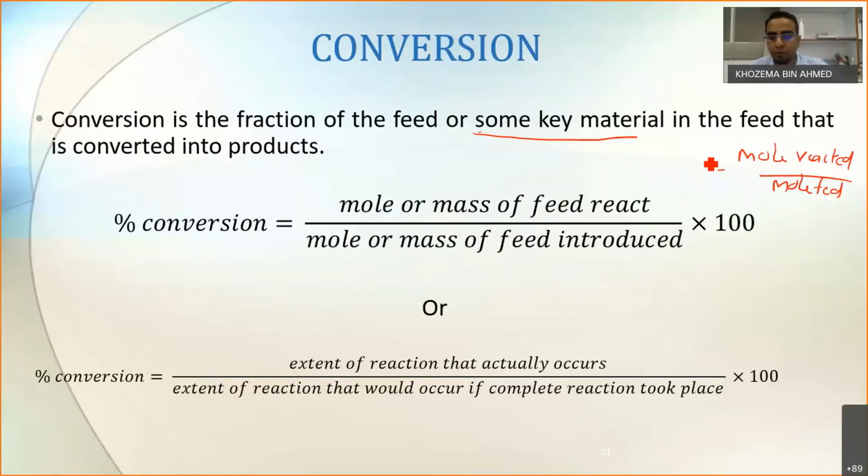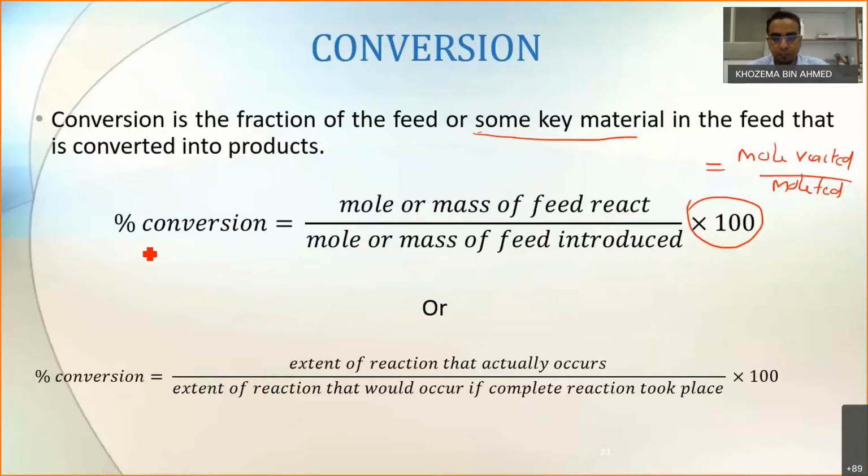So based on this one, if you don't have this times 100, then it is known as fraction of conversion. If you put times 100, you have percentage of conversion.